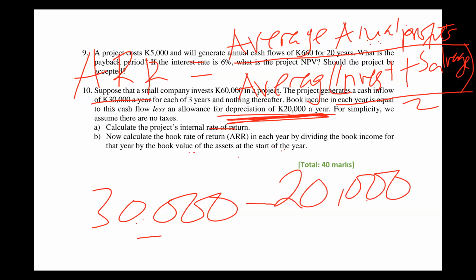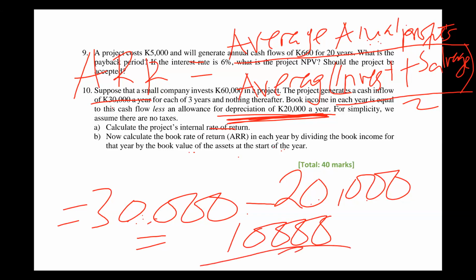So what is the profit? 10,000. Yes, it is 10,000. That is the annual profit. Now we need to average the annual profit. To average the annual profit, the difference shall be divided by 3, because the years are 3.